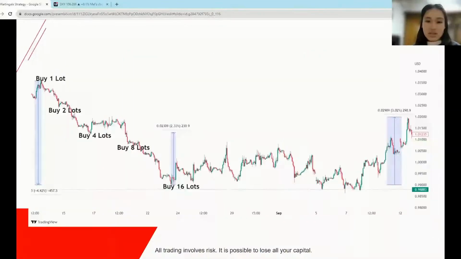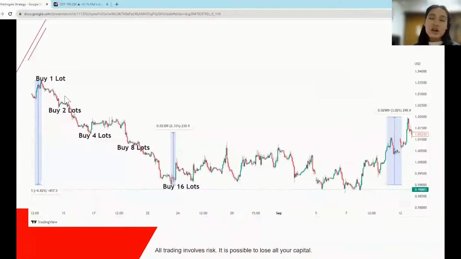Okay, so if we're taking a look at a chart and we apply the same concept to our trading charts, right? You can see here, if we ignore all of this, we start off at this first buy one lot area. So we buy one lot and then we see price continue to drop.